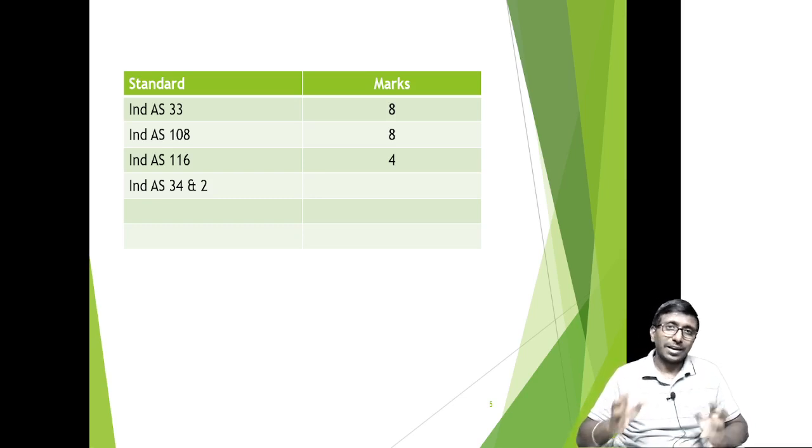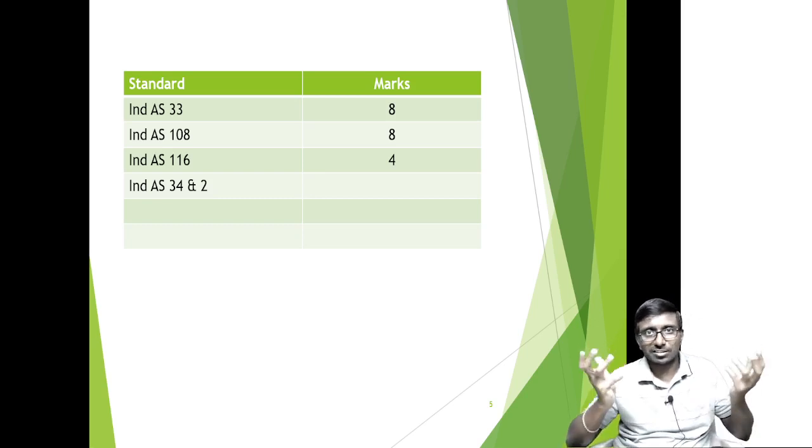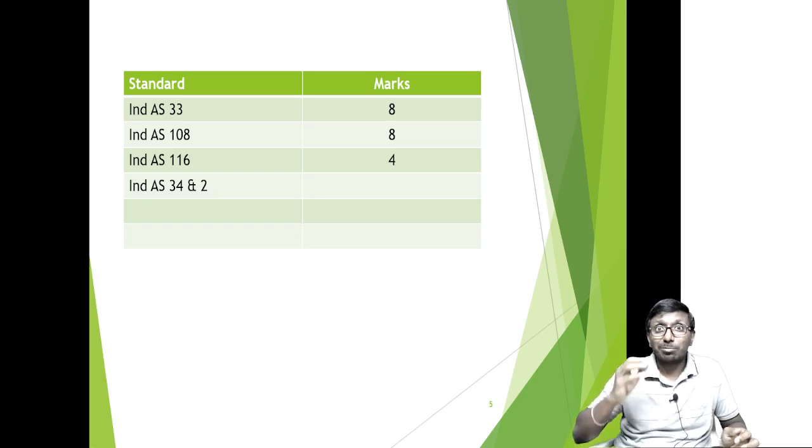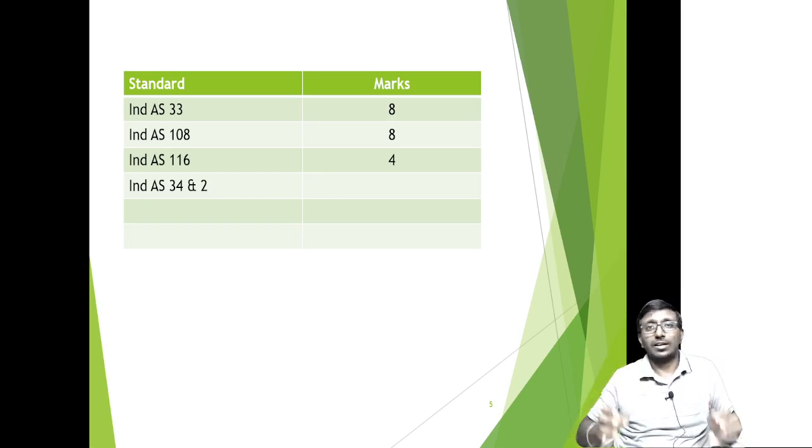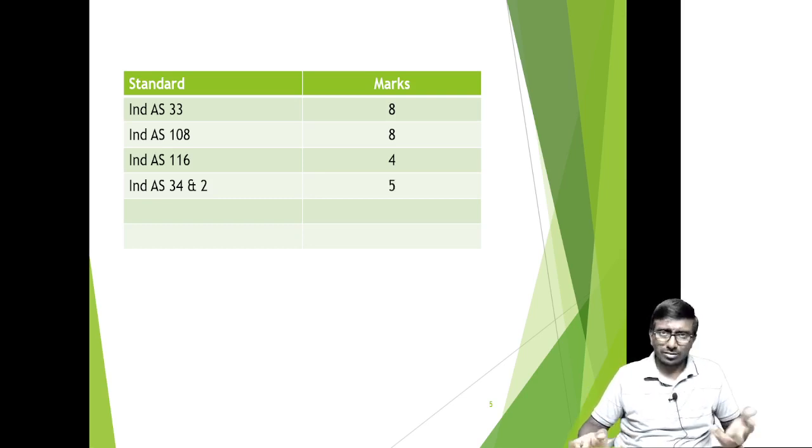But fine, I understand that as a student in the examination center, considering the circumstances, it may or may not strike them. Otherwise, it's not a very difficult question, and that's why it has been asked for only 5 marks. Right, next question is Ind AS 102.